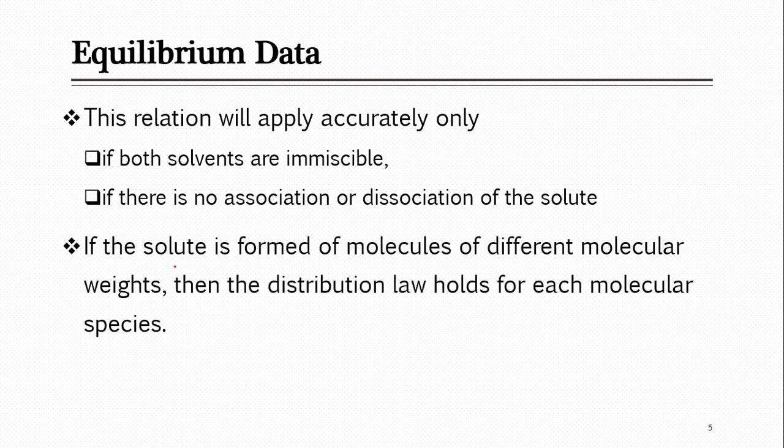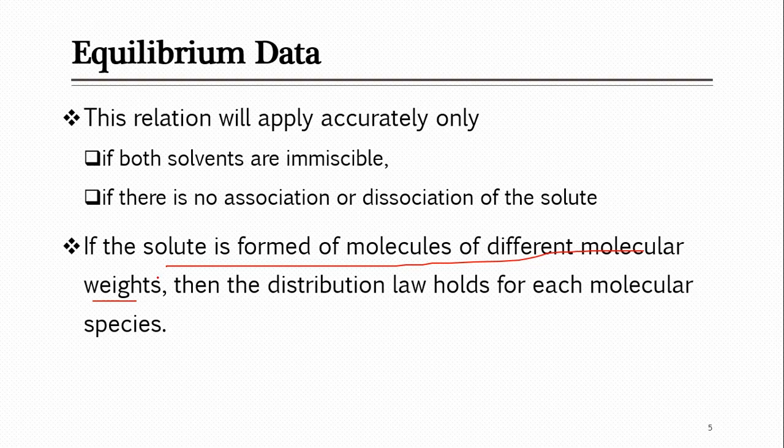This is also applicable if your solute is formed of molecules of different molecular weights. It means you actually have more than one component of the solute. Suppose the carrier is water, and it contains more than one solute which we want to separate, say benzene, toluene and xylene, all available at the same time.